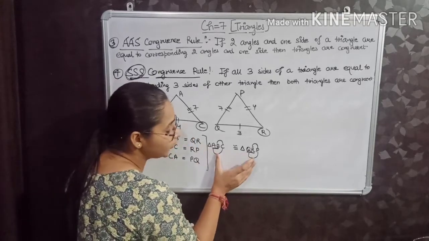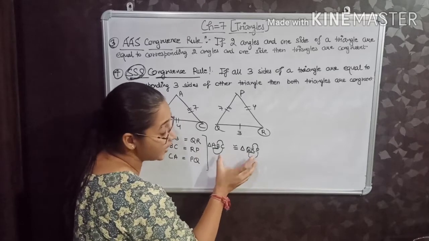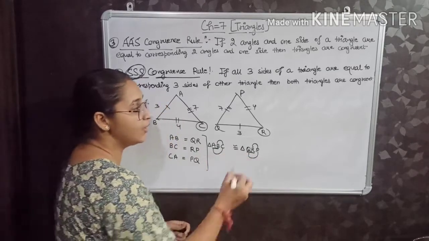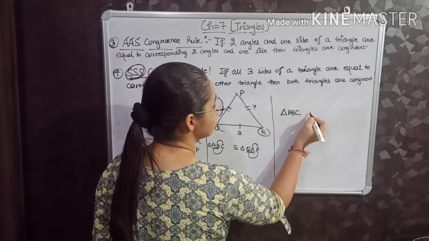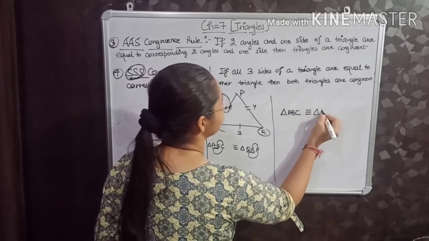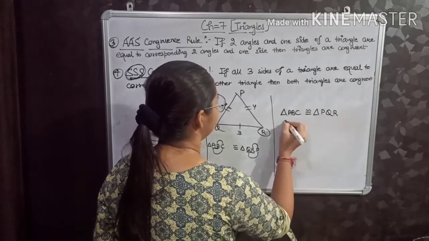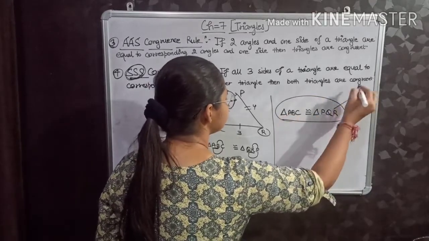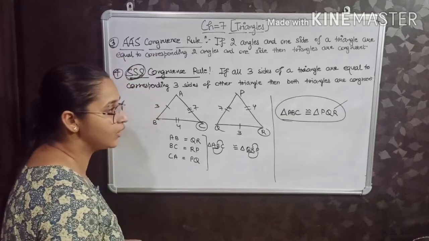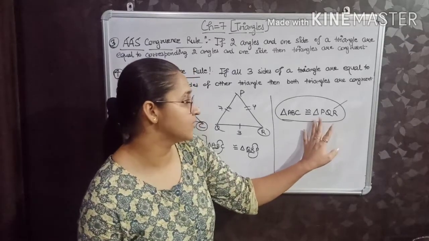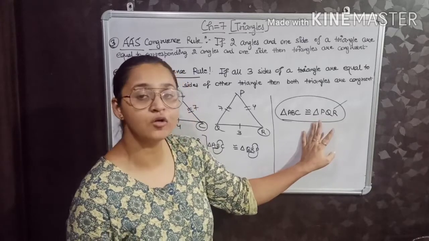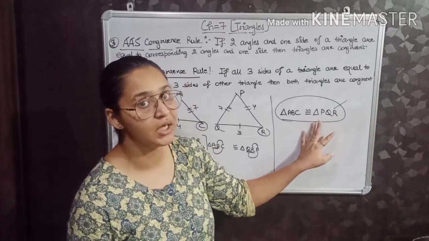The important point to note here is only the naming of the triangle. You cannot write triangle ABC is congruent to triangle PQR. Why? If I write triangle ABC is congruent to triangle PQR, it means that if I have two congruent triangles, then all of the 6 corresponding parts will be equal.